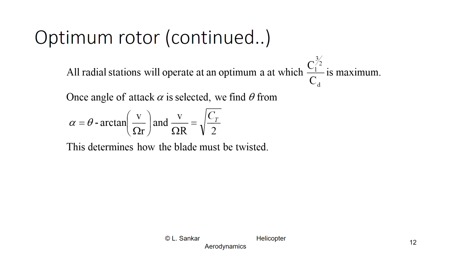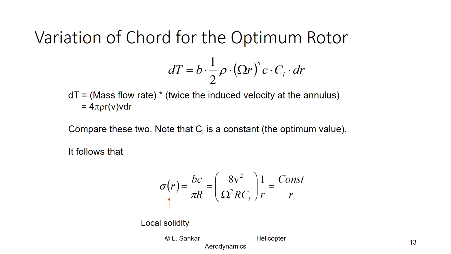How about the chord? How do we change the chord for an optimum rotor? Remember, our dT from the blade element theory is the first equation in this slide. dT from the momentum theory is the second equation from the slide. You equate the two. We already know CL, so we can solve for c.